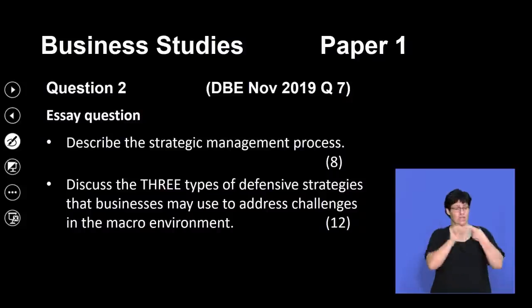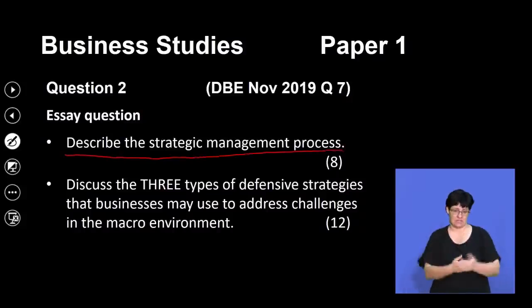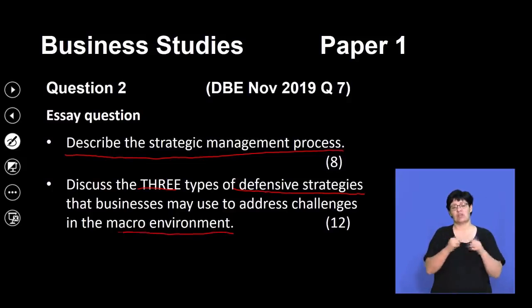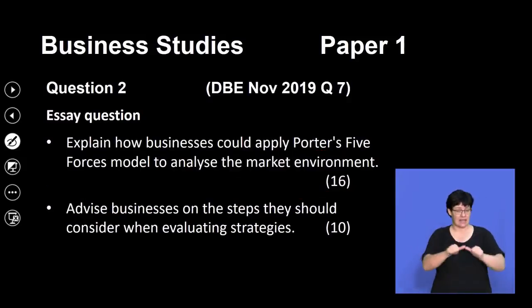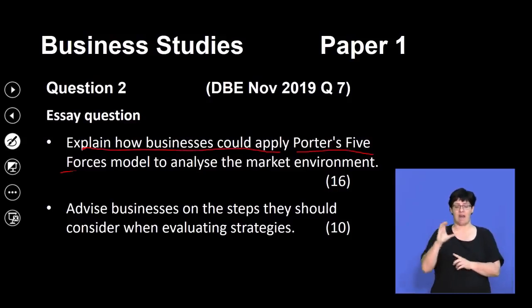So the first question is, describe the strategic management process. The next question will be, discuss 3 types of defensive strategies that a business may use to address challenges in the macro environment. And the next question is, explain how businesses could apply Porter's 5 forces to analyze the market environment.